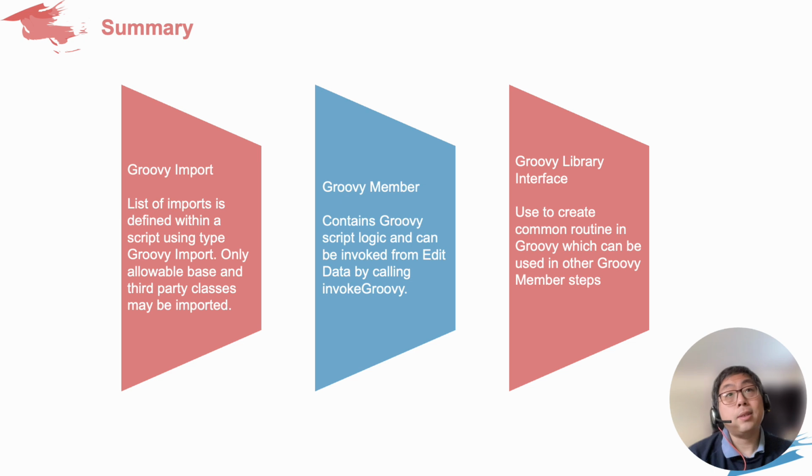Normally, in these cases, the Groovy needs to have no arguments and return void type. And the last one is the Groovy library interface, as we mentioned, to create a common routine.